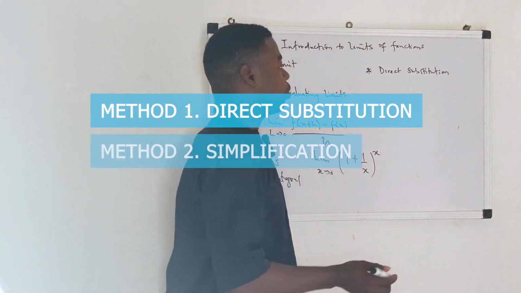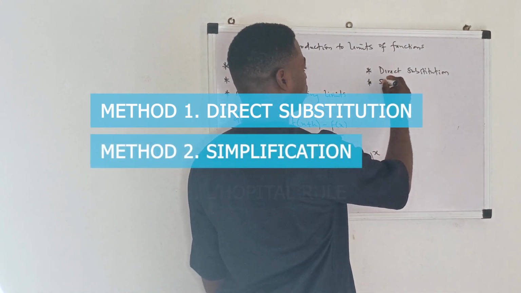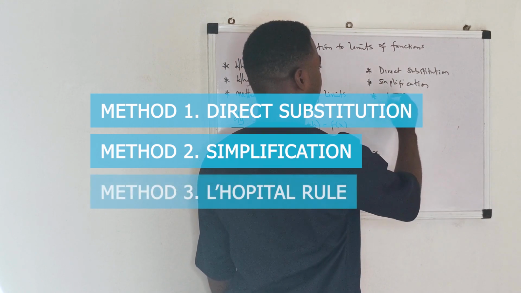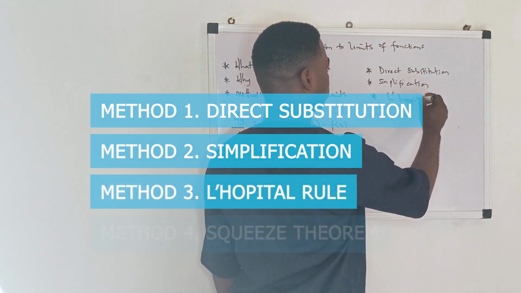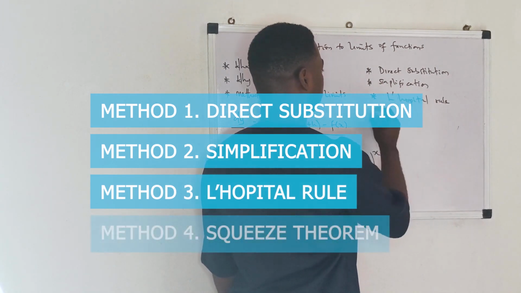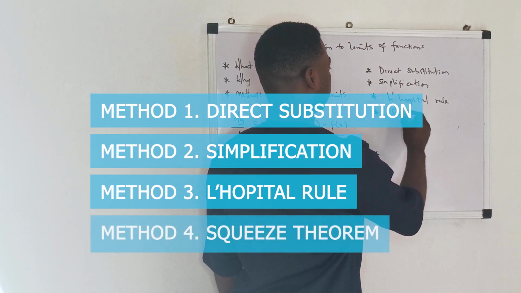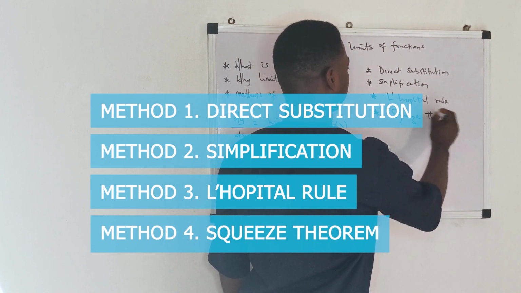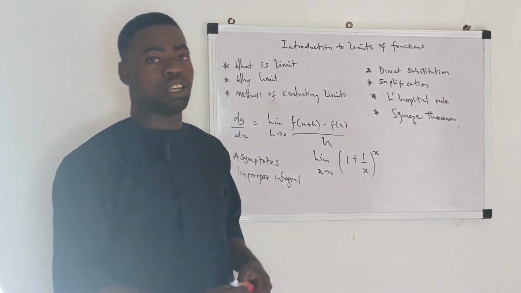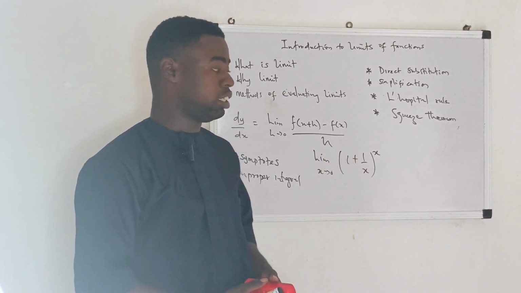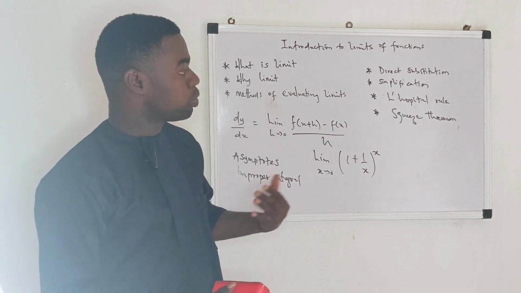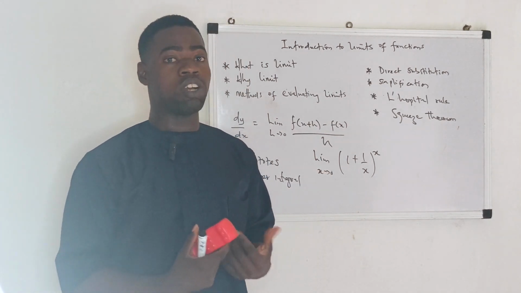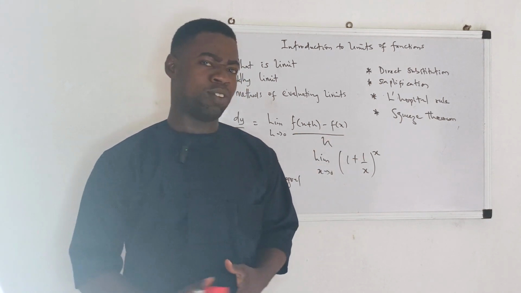Again we have simplification, L'Hopital's rule, and lastly the squeeze theorem. Some textbooks might use sandwich theorem, but it's still the same thing, the squeeze theorem. I'll be talking about the merits and the demerits, and how and when to use these various methods to evaluate limits.